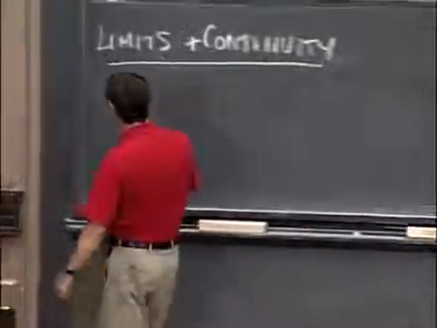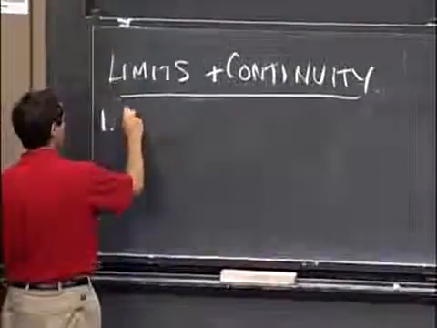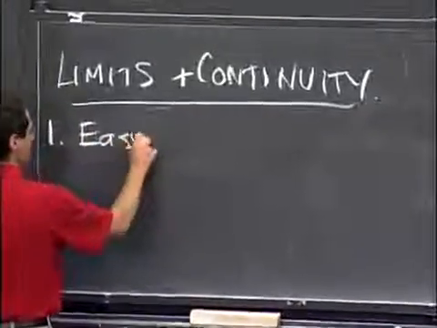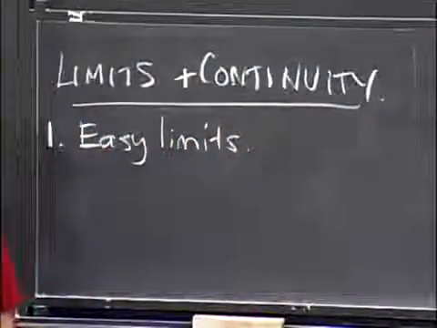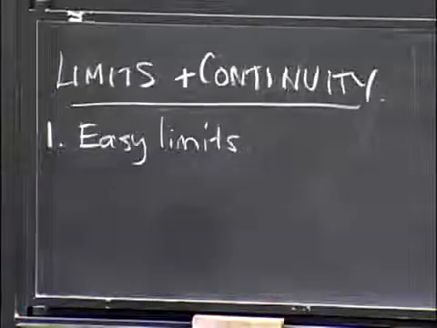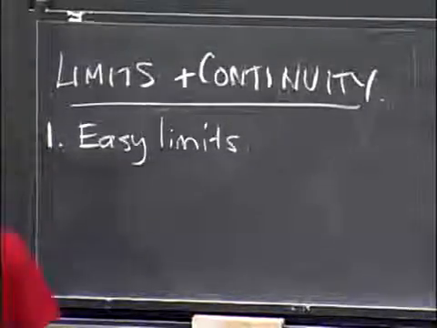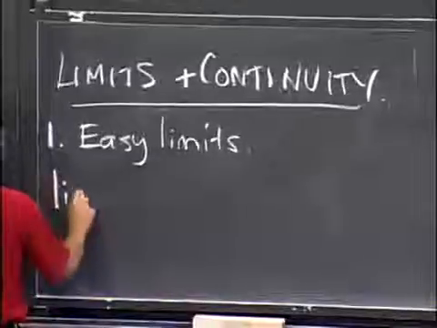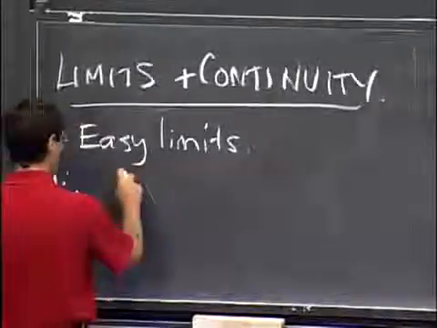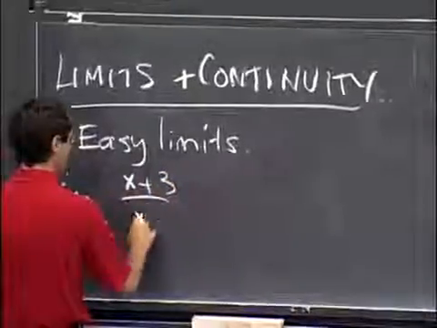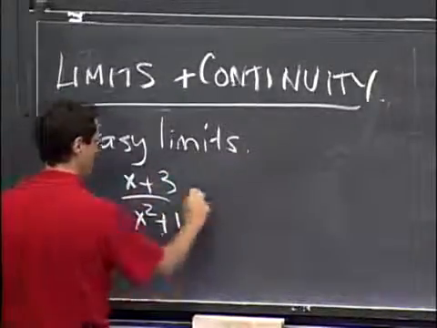So first of all, there's what I will call easy limits. What's an easy limit? An easy limit is something like the limit as x goes to 4 of (x plus 3) over (x squared plus 1).